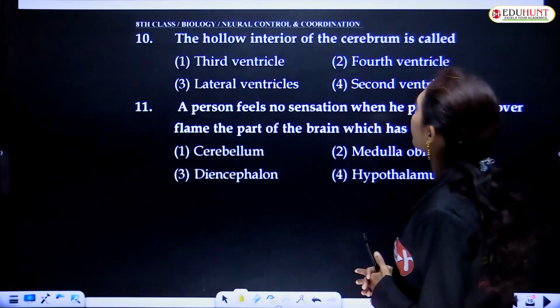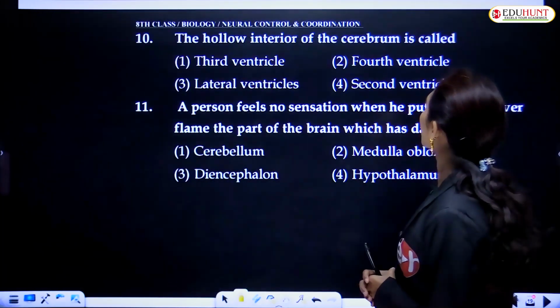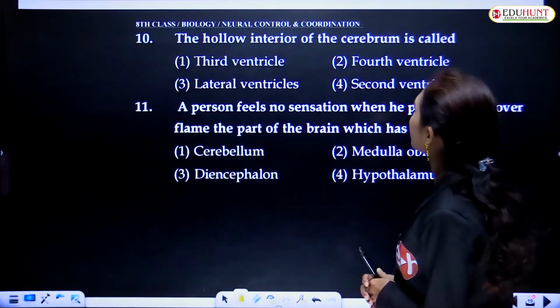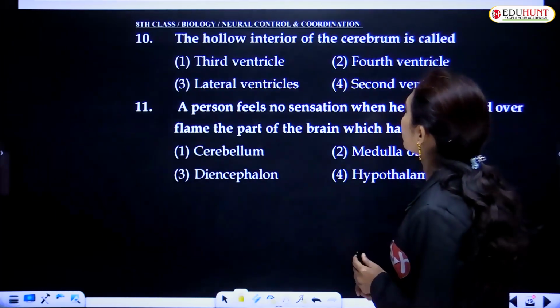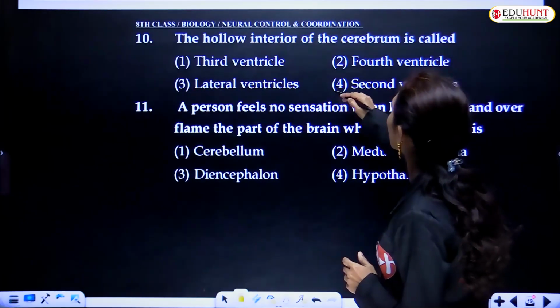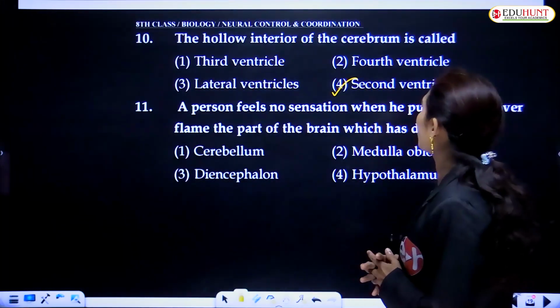The hollow interior of the cerebrum is called the second ventricle.